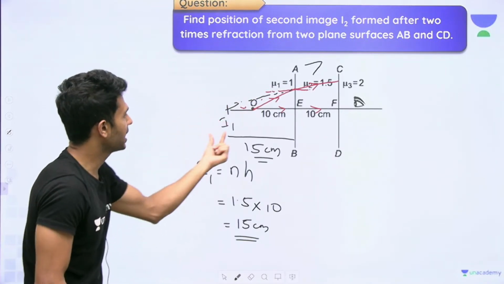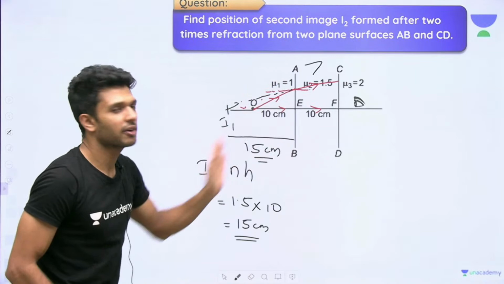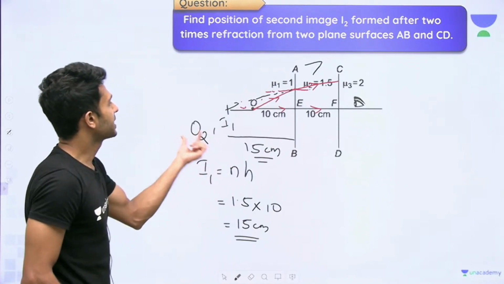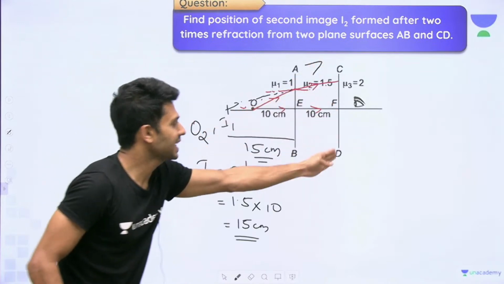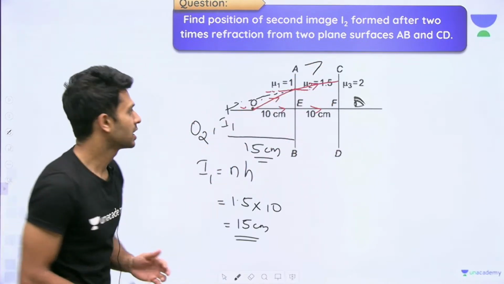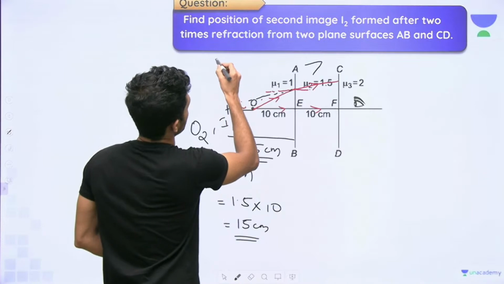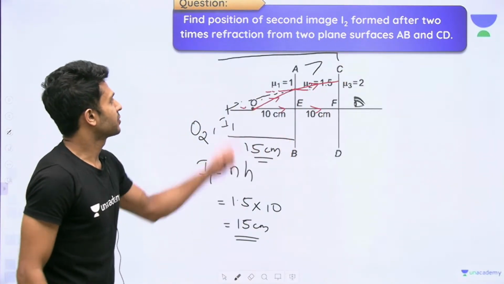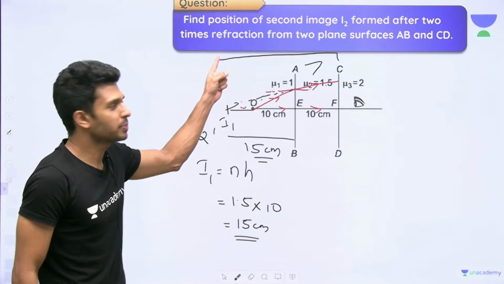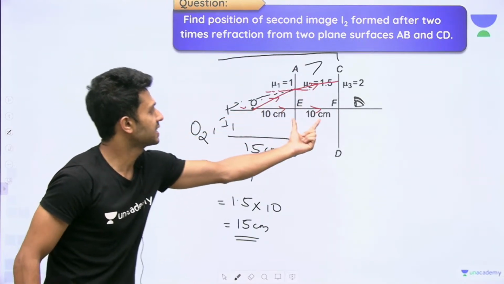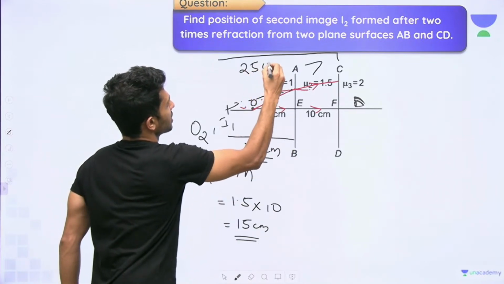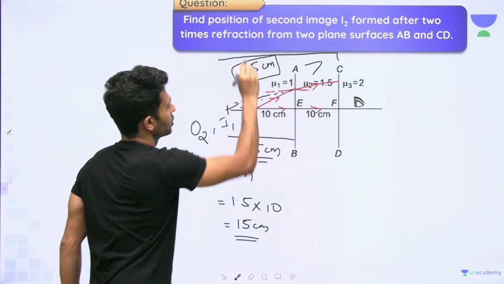This is the reason why the image formed after the first refraction is considered as O2, the object for the second surface. Understood? So what is the object distance for the second surface? It is 10 plus 15, total 25 centimeters. Yes or no?